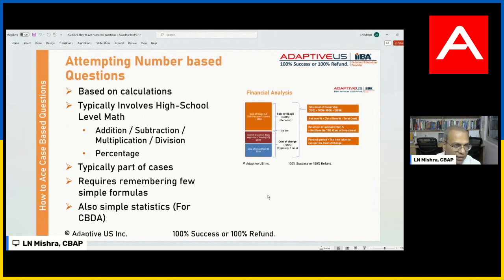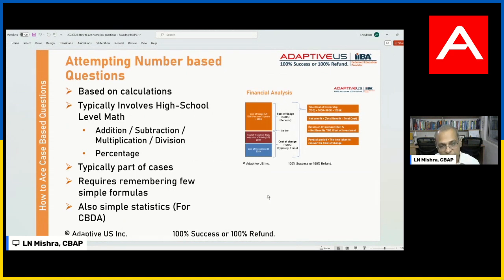And this is typically high school level math, so you don't expect advanced mathematics like calculus or integration, differentiation, nothing of that sort. It is usually confined to addition, subtraction, multiplication, division, and percentages as well. So these are basic mathematical operations which most of you would already be pretty familiar with.